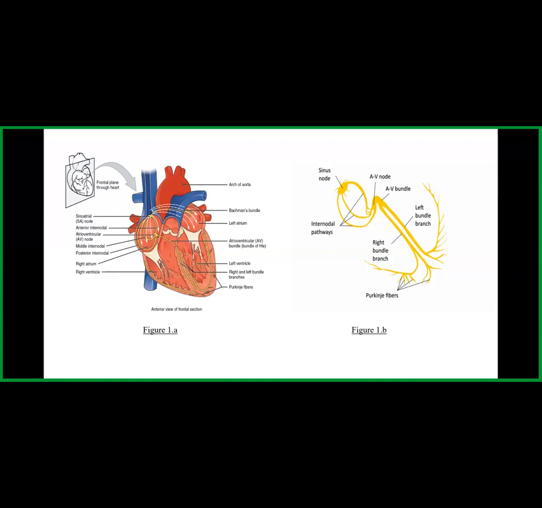Each Purkinje fiber terminates in the subendocardium. As you can see in figure 1A, the Purkinje fibers terminate in the subendocardium of each ventricle, right and left respectively, and they transmit the wave of electricity to the ventricular myocardium. This wave of electricity is what results in ventricular contraction, okay?